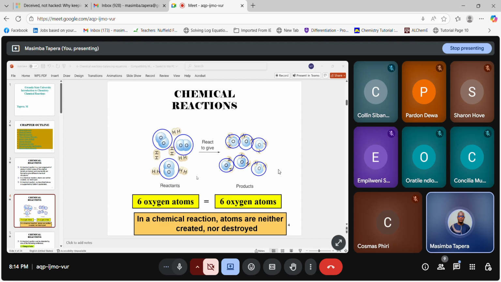So in a chemical reaction atoms are neither created nor destroyed. This is a very important aspect. And this also brings us to the aspect of balancing chemical equations. We expect that whatever we have on the left side of an equation should be the same as whatever we have on the right side of the equation, because we are not going to destroy or create new atoms.